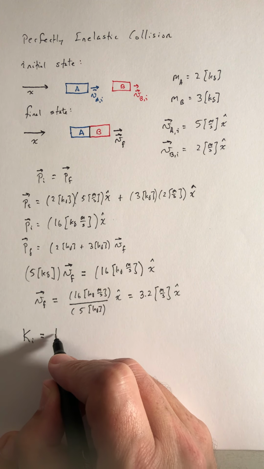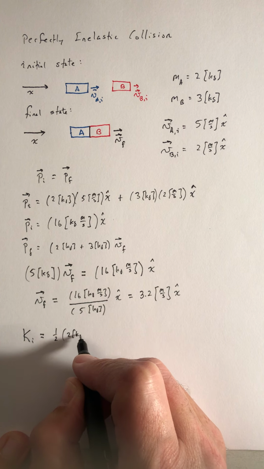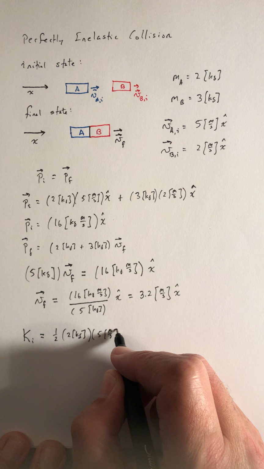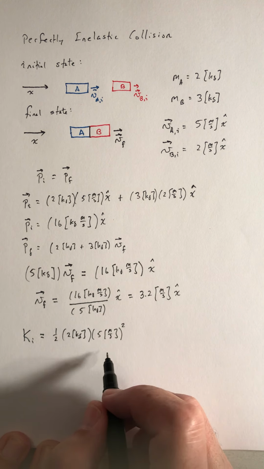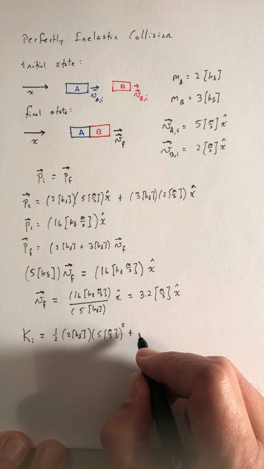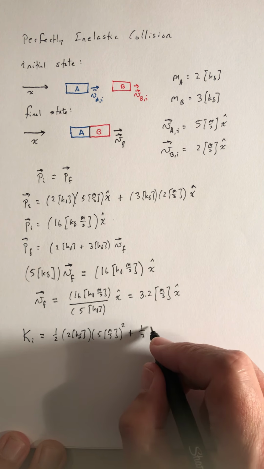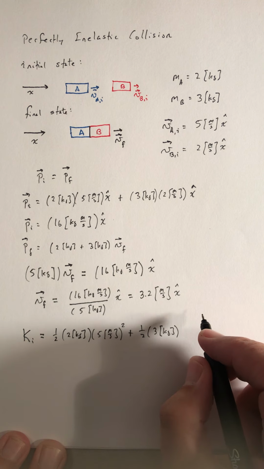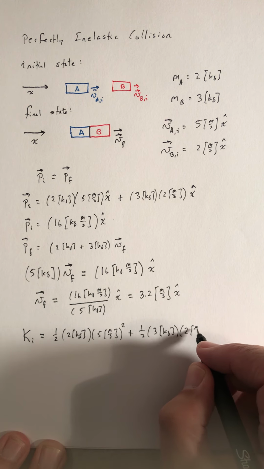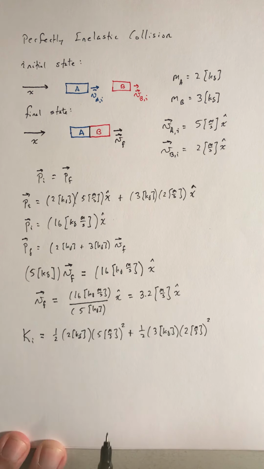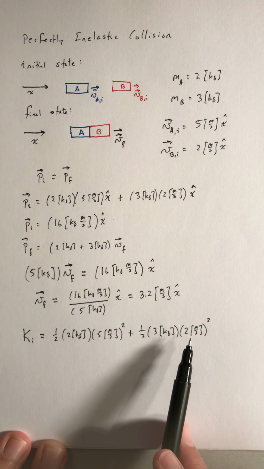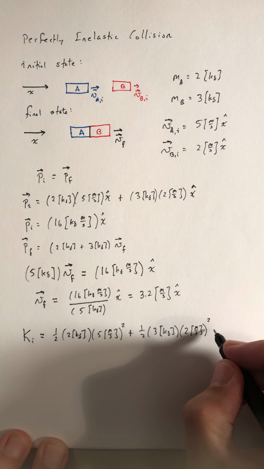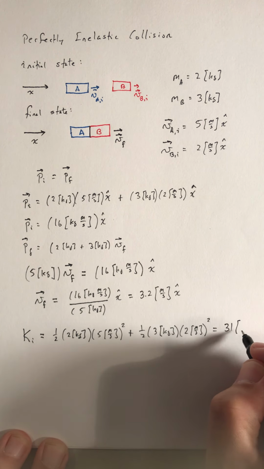So part of that was in cart A. So that's a half mv squared for cart A. And then we'll do the same, half mv squared for cart B. All right, 36, 25, so it's going to give me 31 joules.